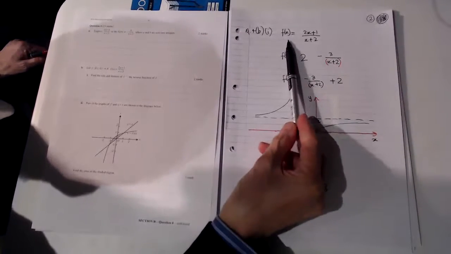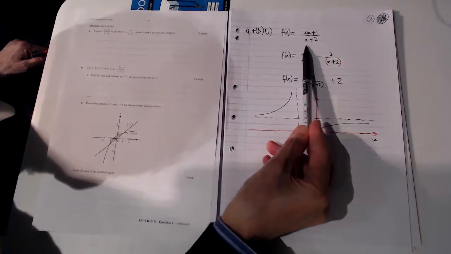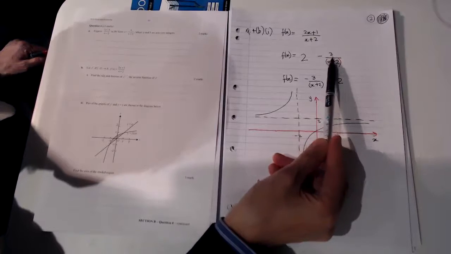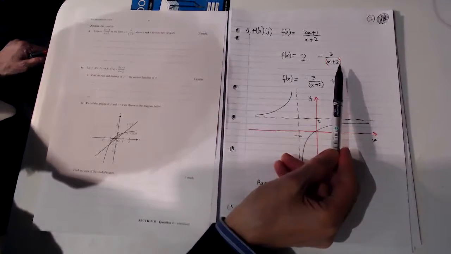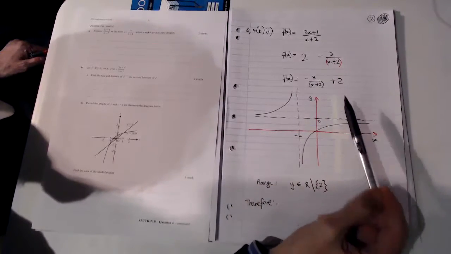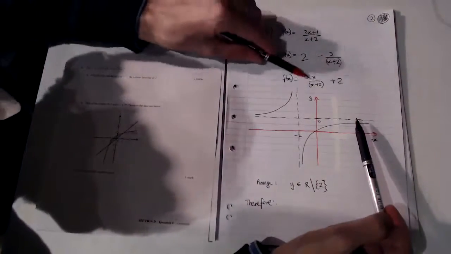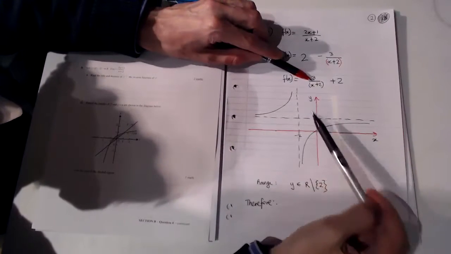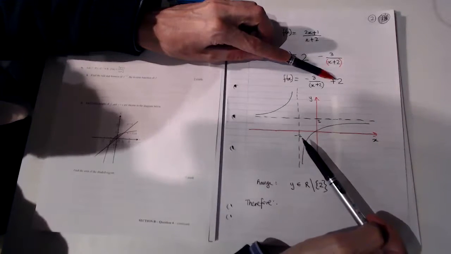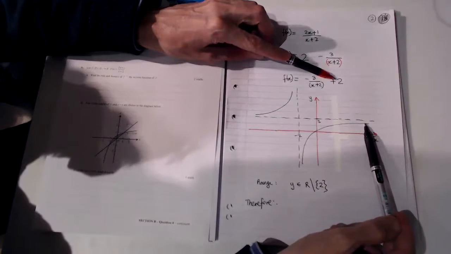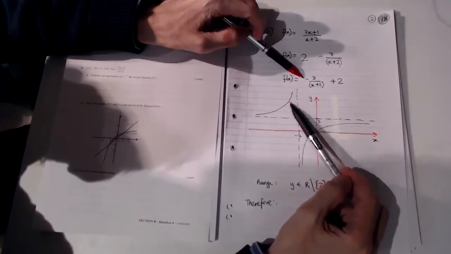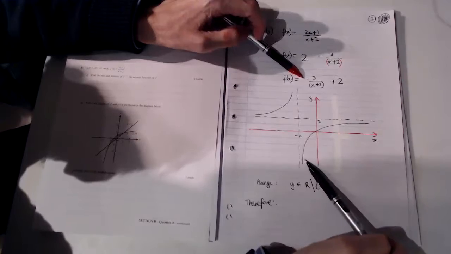Here we know that f of x equals (2x plus 1) on (x plus 2), which, like we saw, came out to 2 minus 3 on (x plus 2). And if you put the main function at the front, then you can see that it's a hyperbola with a vertical asymptote at x equals -2 and a horizontal asymptote at y equals 2. Now, because it's got a negative, it's going to be a negative hyperbola, so the arm will be here and the second arm will be there.